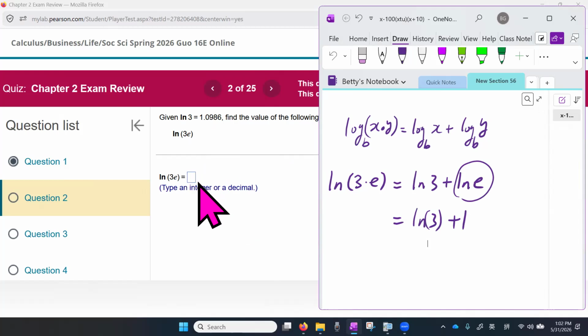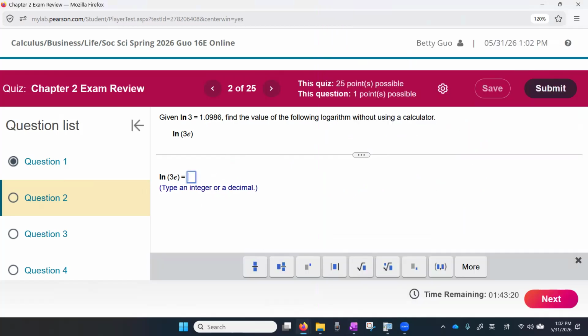So the answer is just adding 1 to the value of ln 3. It's 1 point, right? So add 1, you're going to have 2.0986.